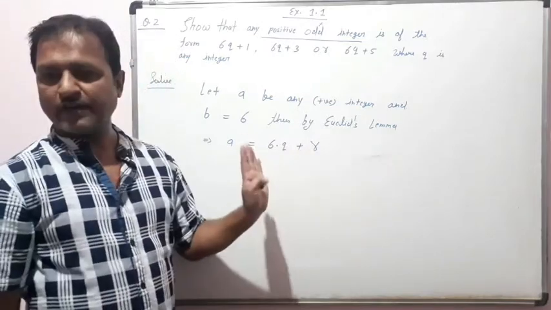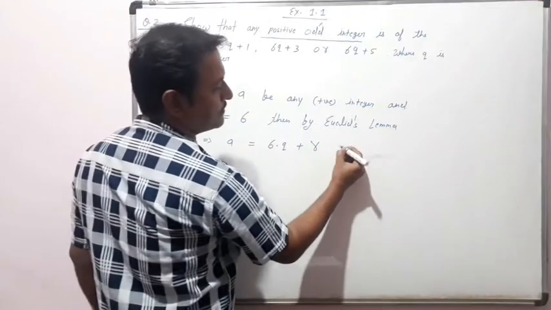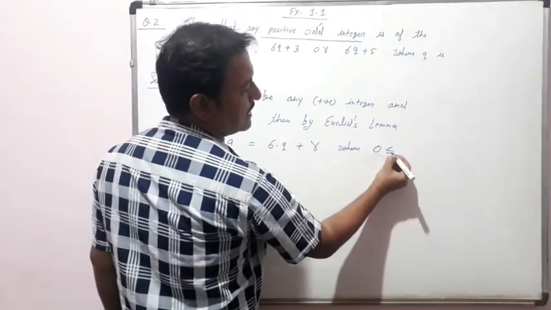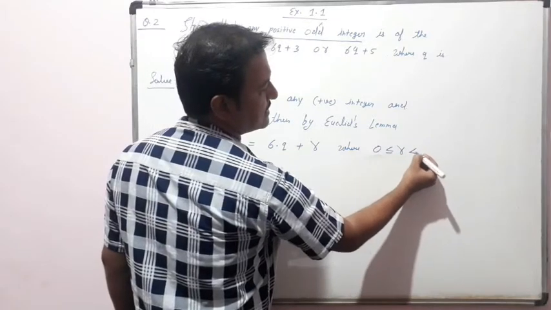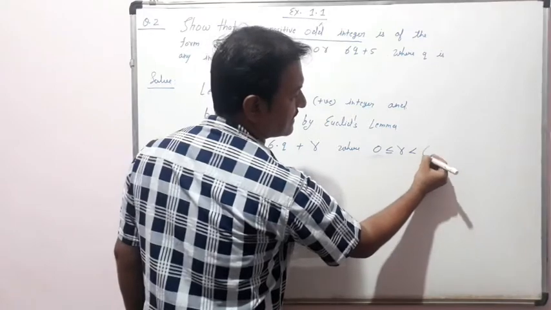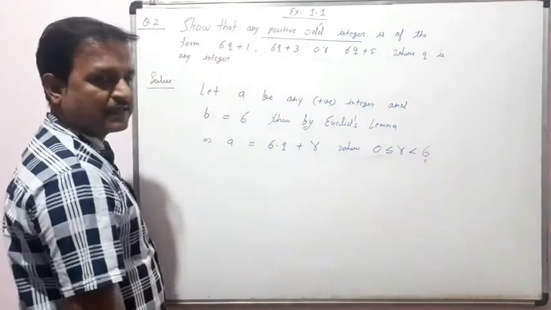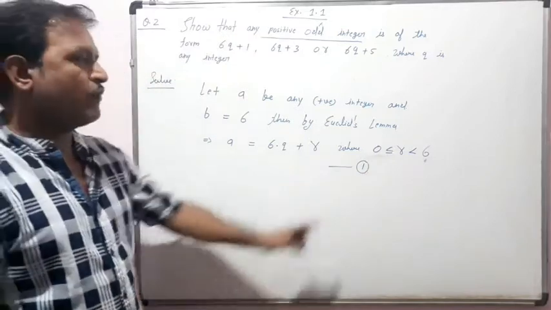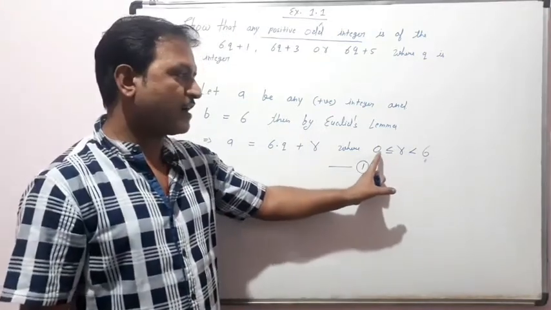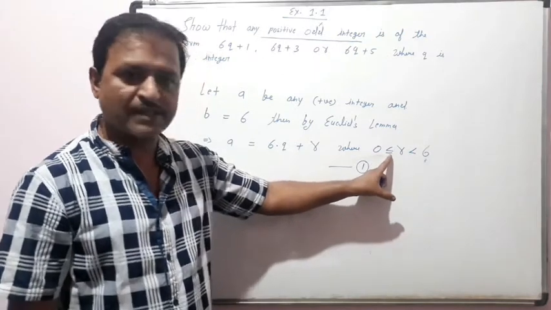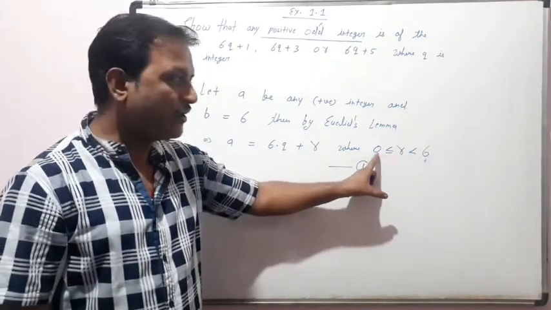Here q and r are not given. Where 0 is less than or equal to r, and r is less than b, b meaning 6. This is our equation number 1. So the value of r starts from 0. You can see clearly that with 0 we have an equal sign, so we include 0.